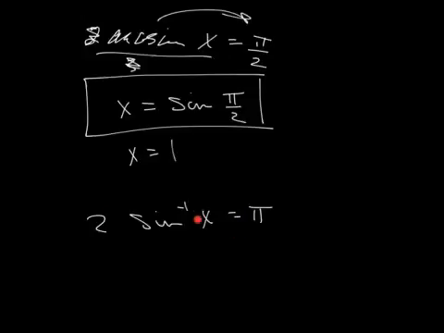So let's look at this. We just found out that x is 1. So what angle has a ratio of 1? We figured out this is a 90-degree angle, so a 90-degree angle times 2 is a 180-degree angle, and if we change that to radians, we get pi.